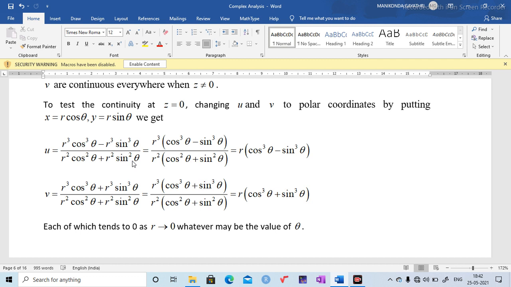That means the value of u and v tends to 0 as r tends to 0, because 0 into anything equal to 0, whatever may be the value of theta. That means if we take any theta value, it will not be affected. If r tends to 0 means u and v both tend to 0.